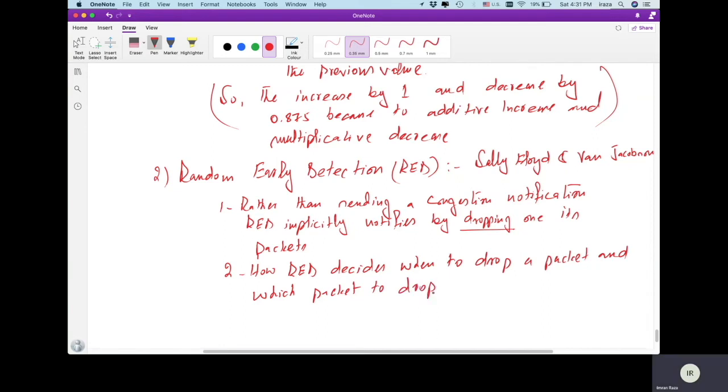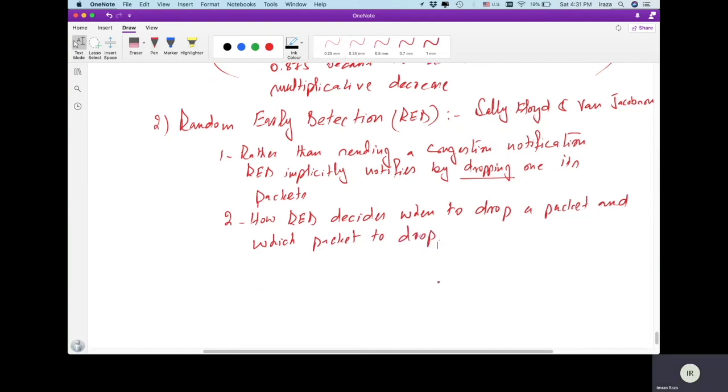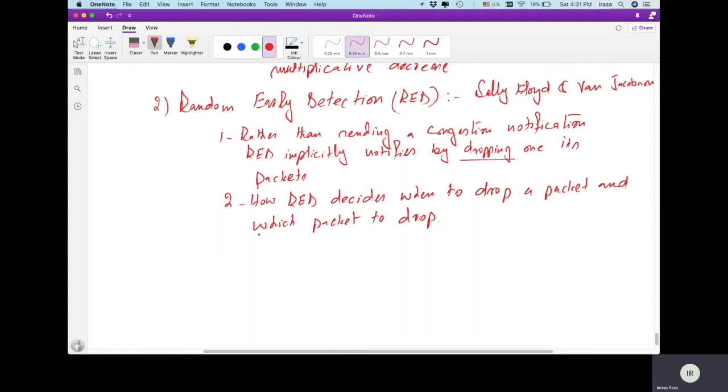These are two important decisions that we have to make in RED, and this happens with some drop probability.